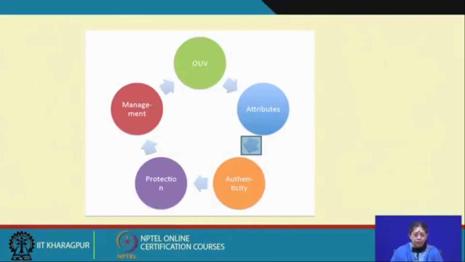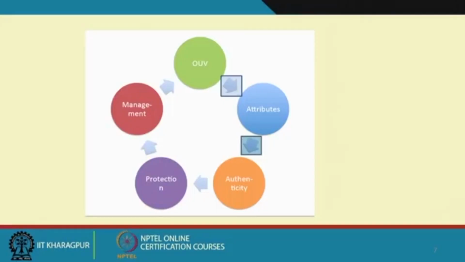Here we see these different aspects of the World Heritage Site: OUV, attributes, authenticity, protection, management. All these are very important, and we have to understand the relation between outstanding universal value in the case of a World Heritage Site, the attributes, and how they are related to authenticity.